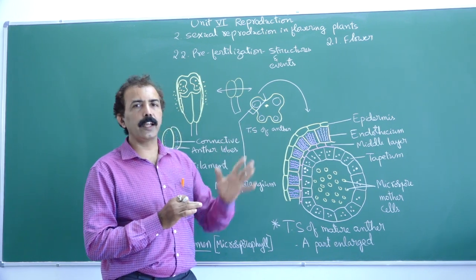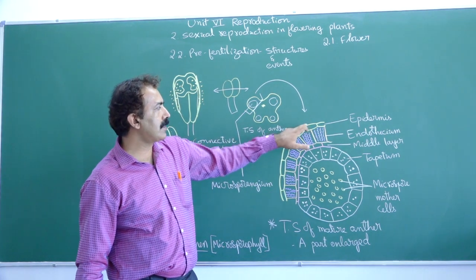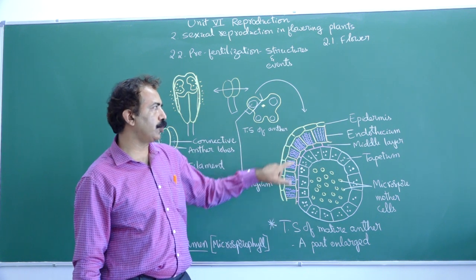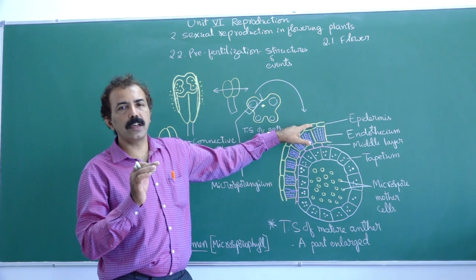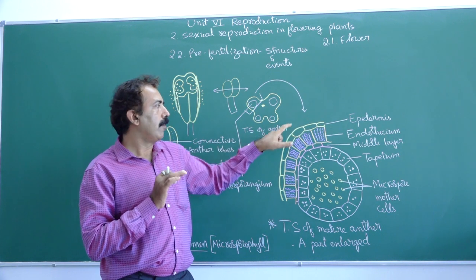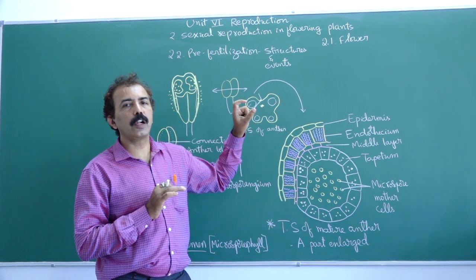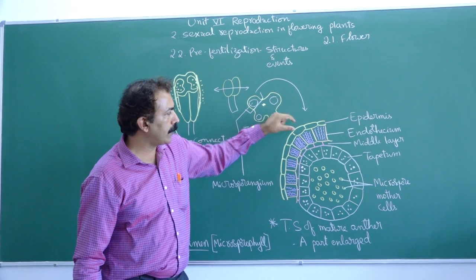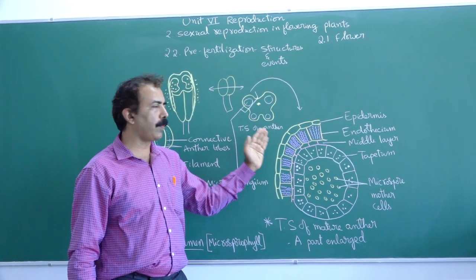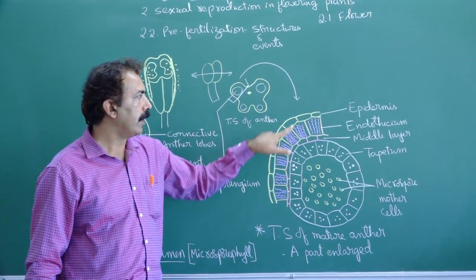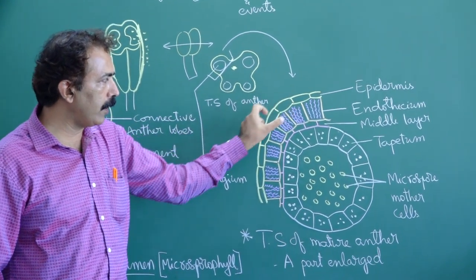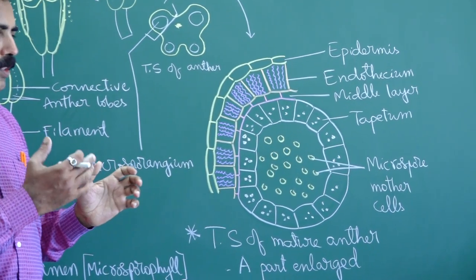Of course, in the root we call it epiblema. So this is a protective structure. Epidermis is the outermost layer made up of barrel-shaped cells closely arranged without intercellular spaces. The function is protection. It is followed by a layer of large cells.